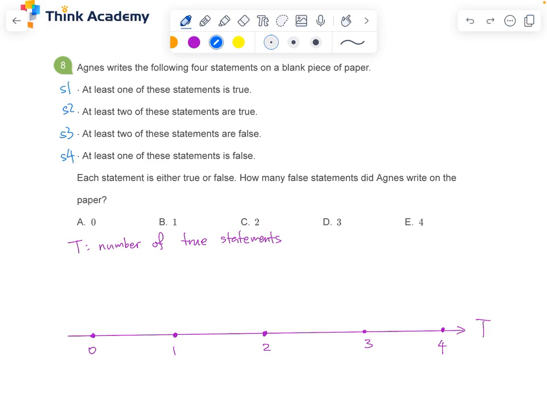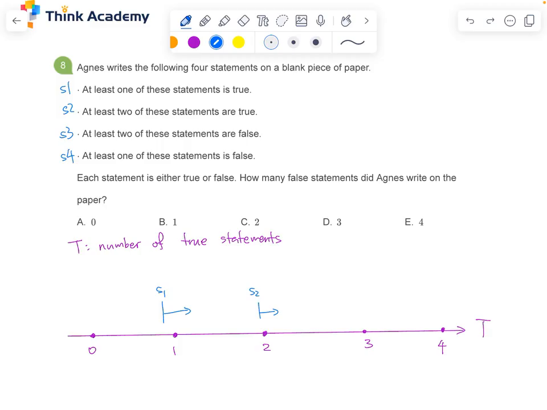First, S1 says that at least one of the statements is true. So suppose T is to the right of this bar, then S1 is true. Same for S2: when there are at least 2 statements true, so suppose T is to the right of this bar of S2, then S2 is correct. For S3, at least 2 of the statements are false, so basically it means that at most 2 of the statements are true.